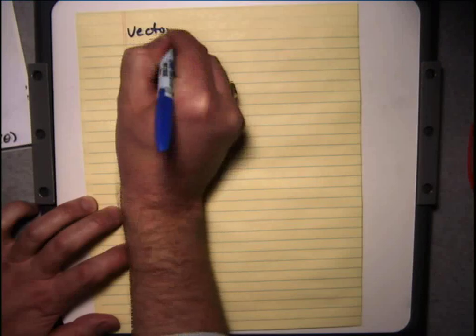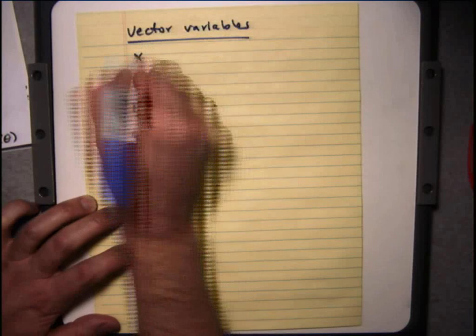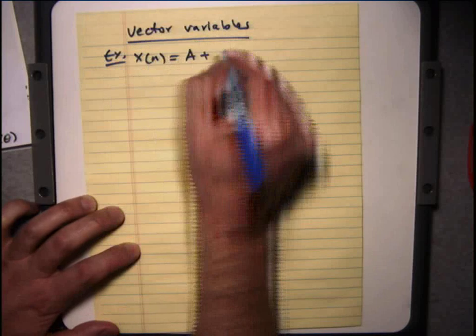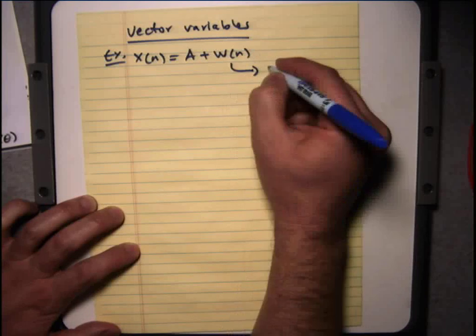Okay. So this whole thing, as I described it now, was for scalar variables. As we go through this material, we will also be estimating vector variables. For instance, suppose as an example I write x of n is equal to A plus w of n, again a very simple problem.